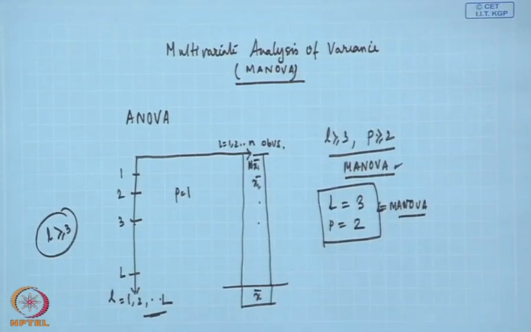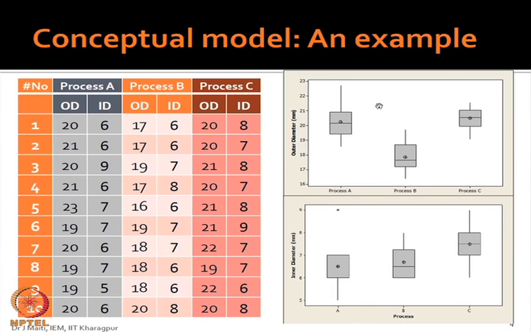I told you in last class also that one of the useful ways of looking into data is the box plot, and here is the box plot for the two different variables, inner and outer diameter, for the three different processes, process A, process B, process C. You have seen in last class that for outer diameter the mean differences are quite visible from the box plot, and in the lower figure the inner diameters are plotted in terms of box and whiskers.